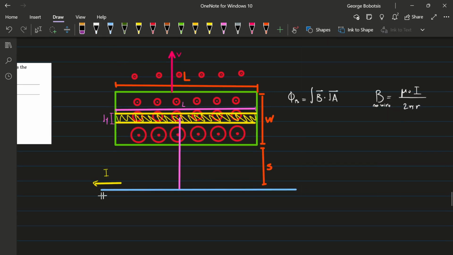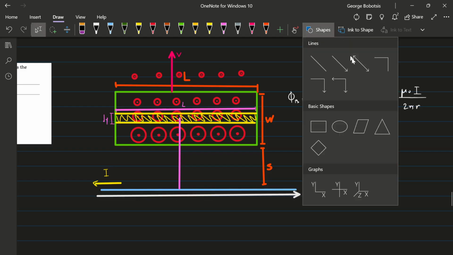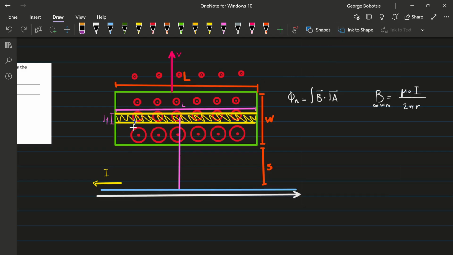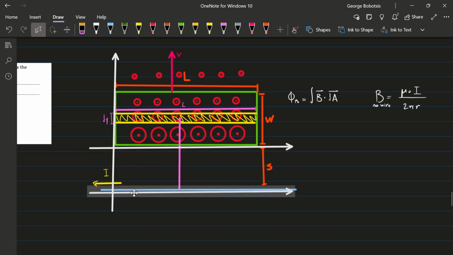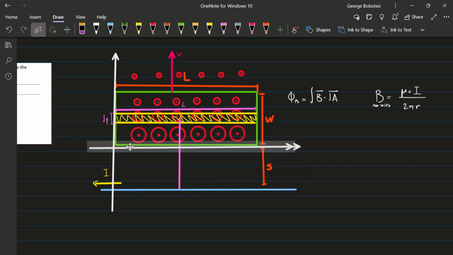I choose to do this as my x-axis, and maybe this as my y-axis. I could have very well chosen to do this. It doesn't matter at the end of the day. Out of the two options, I prefer this one because it will have simpler integration bounds. You will just go from 0 to w when you do the actual integral.